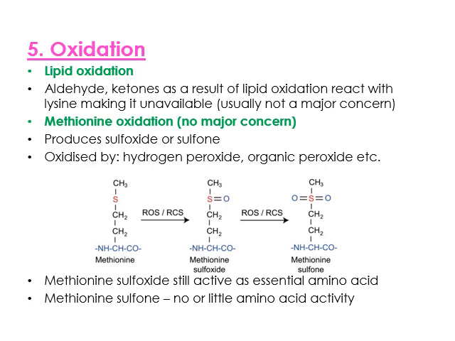If methionine is oxidized into methionine sulfoxide, it's not really an issue because methionine sulfoxide can still be active as an essential amino acid. But if it is further oxidized into methionine sulfone, then methionine sulfone has little amino acid activity, so it's not very favorable.